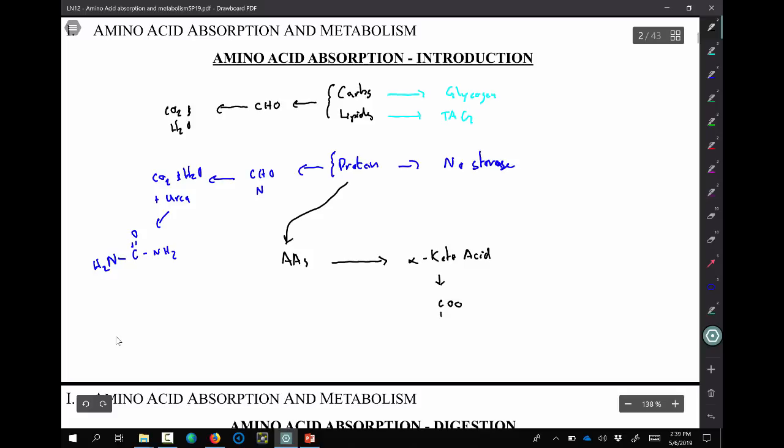An alpha keto acid is this. And there are several of them that we've encountered in this class. For instance, pyruvate is an alpha keto acid.